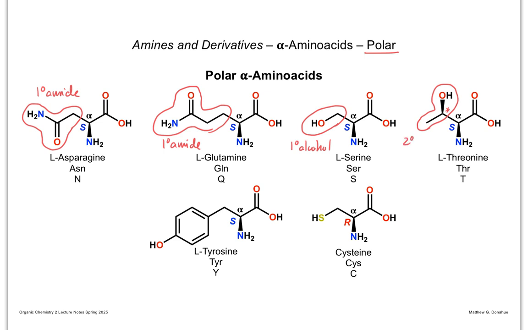This is a secondary alcohol. Tyrosine has a phenol, so that was the hydroxybenzene. And then cysteine has the thiol.